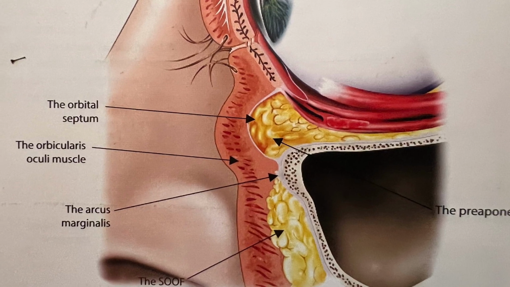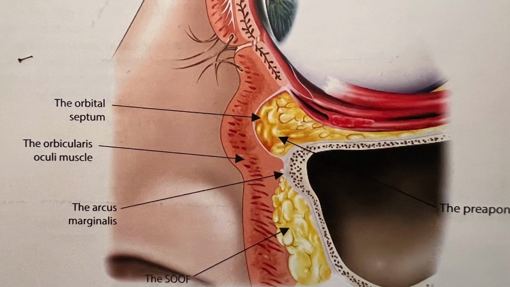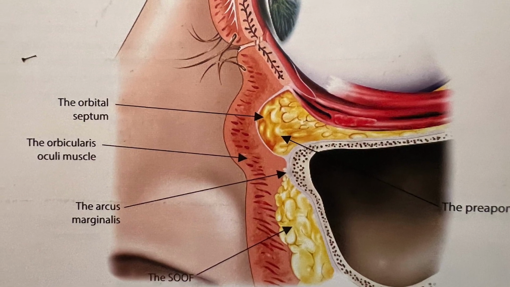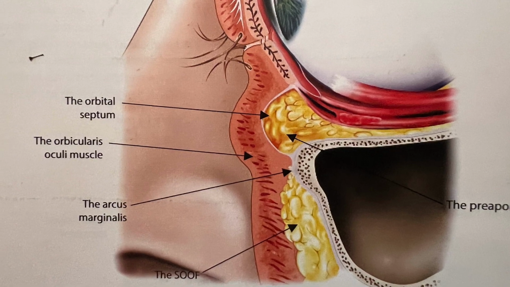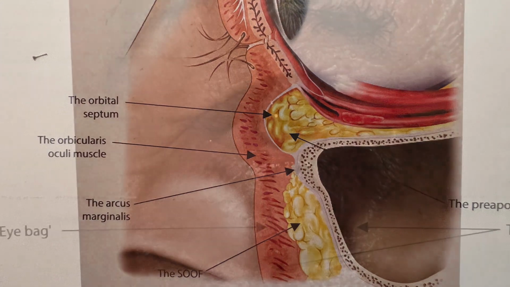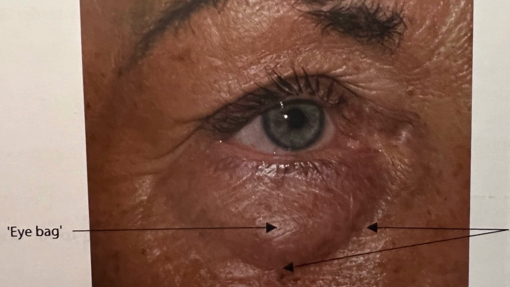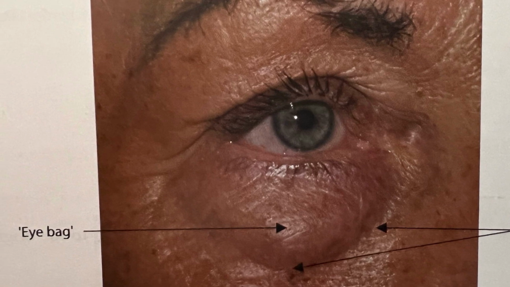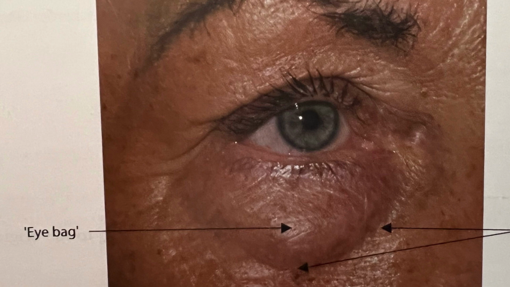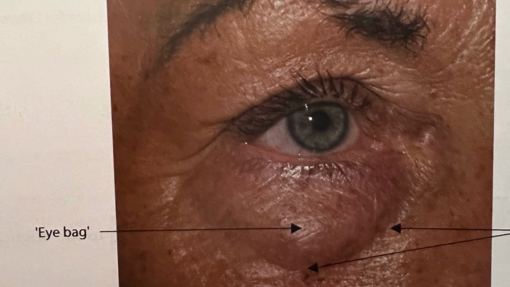The superior convexity is caused by herniation of orbital fat through a weakened orbital septum above the inferior orbital margin. The orbital margin itself is responsible for the horizontal concavity, and the suborbicularis oculi fat, which moves inferiorly, is responsible for the second convexity. Like this picture, you can see it also in this image.